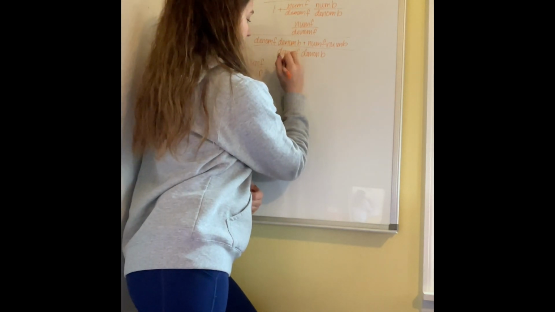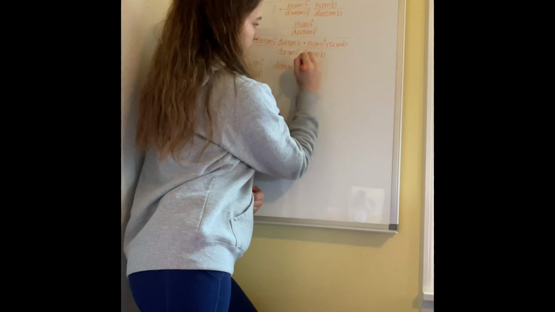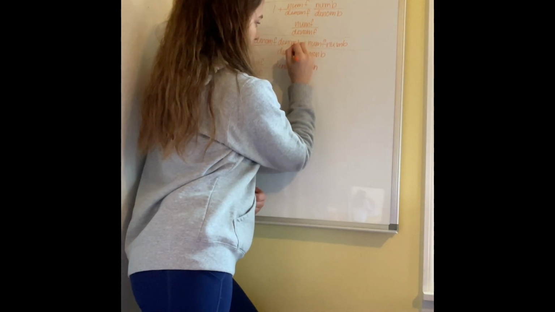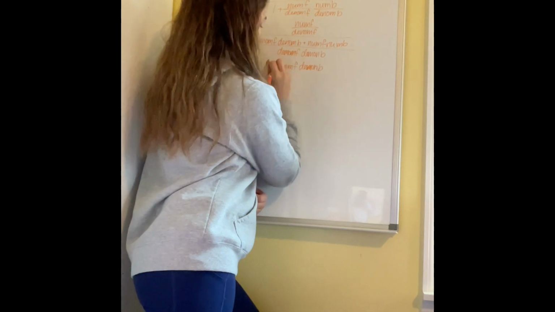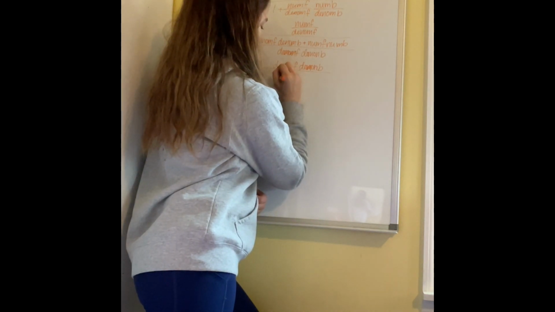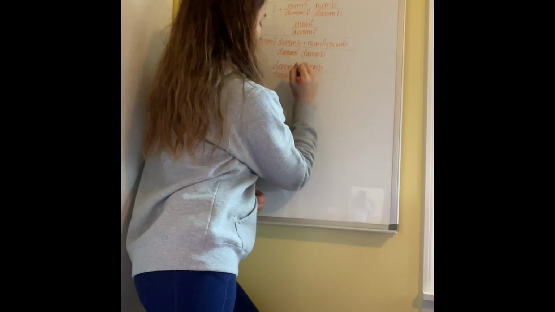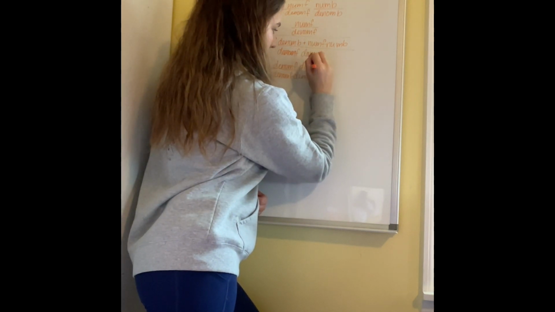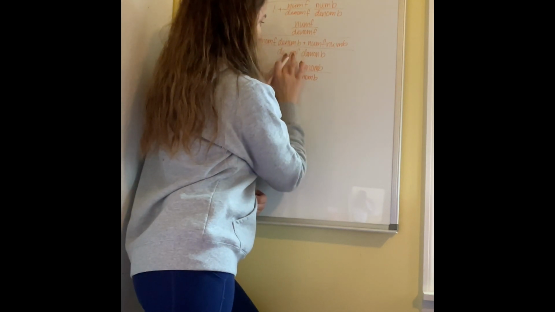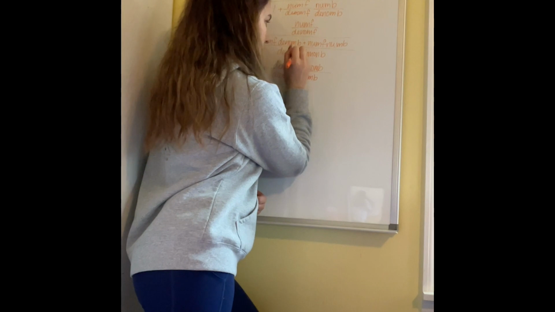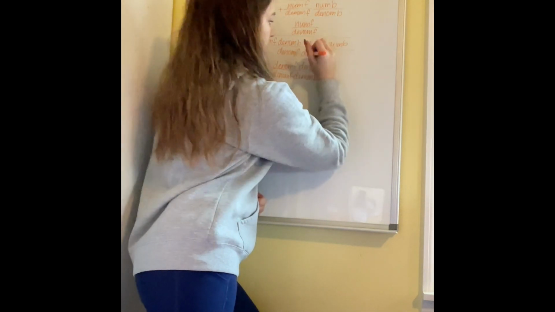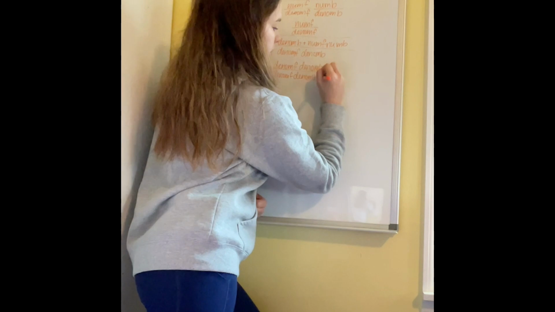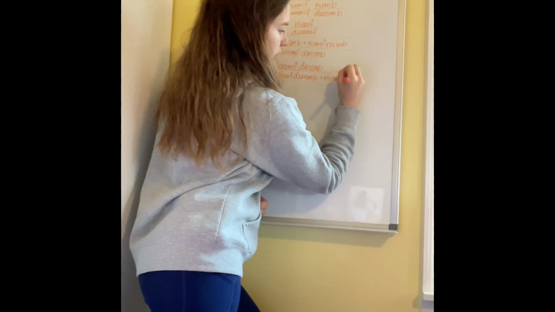So we're going to have our denom f times our denom b, and then it's going to be divided by the numerator, so our denom f times our denom b plus our num f times our num b.